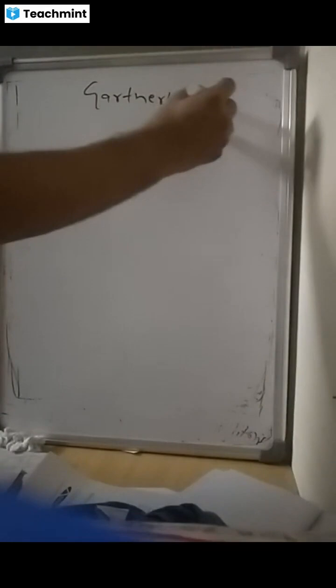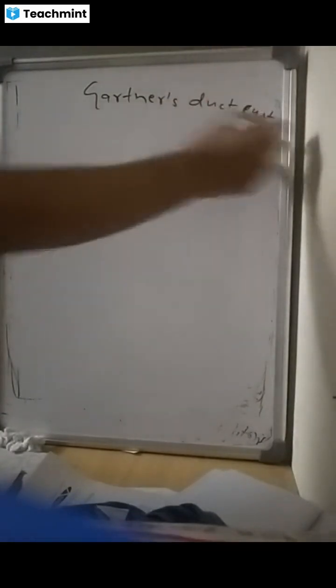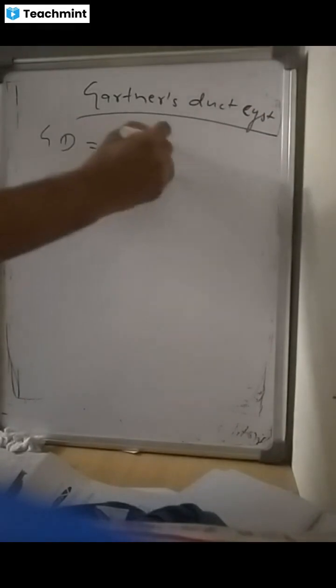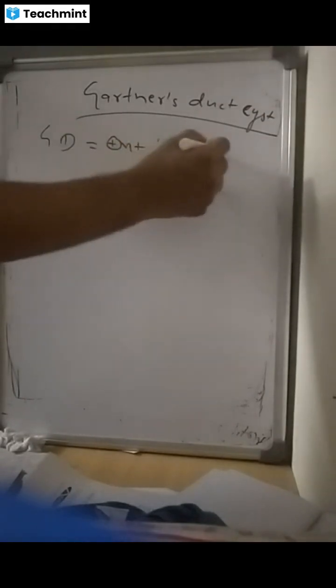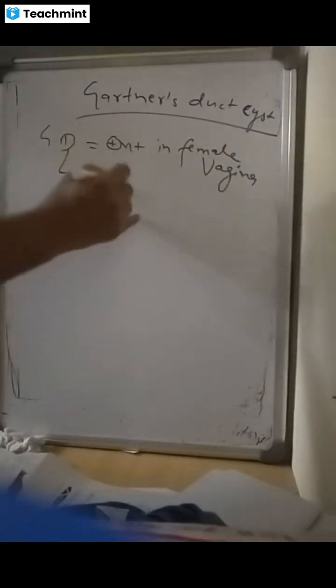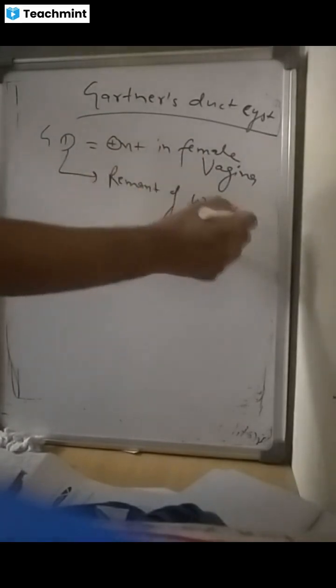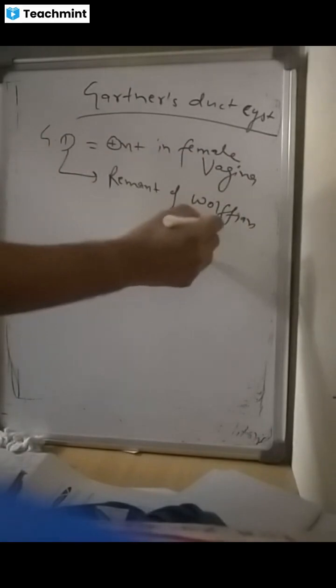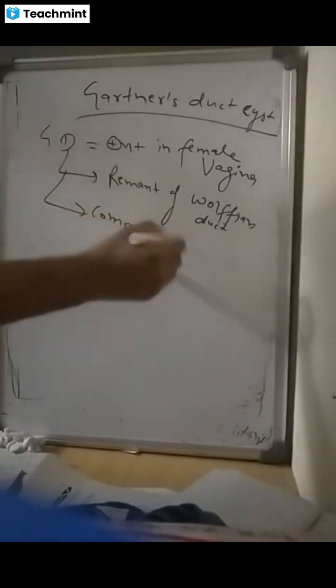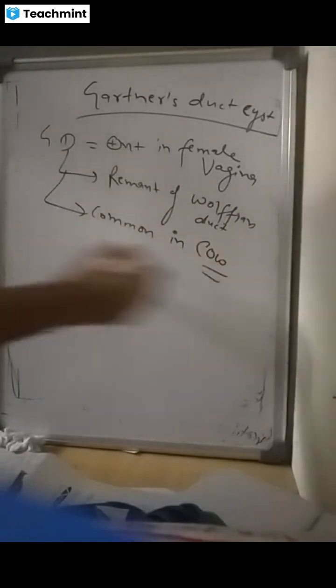First, something about Gardner's duct. Gardner duct cyst. This Gardner duct is present in the female vagina. Gardner duct is a remnant of the Wolffian duct. This is common in cow.